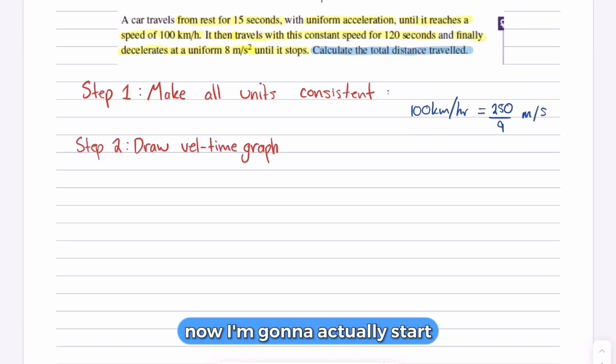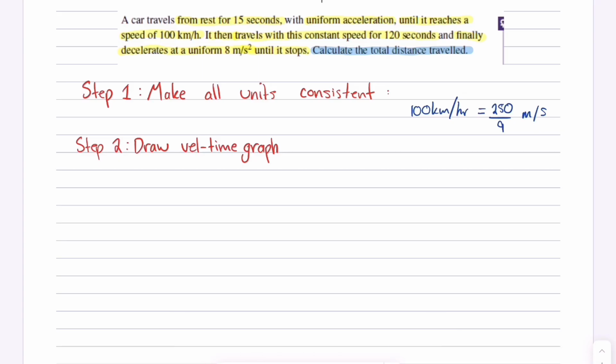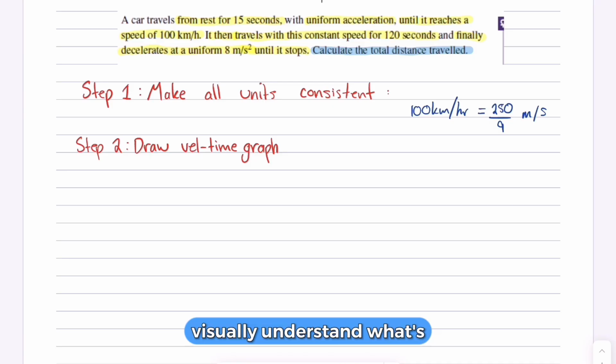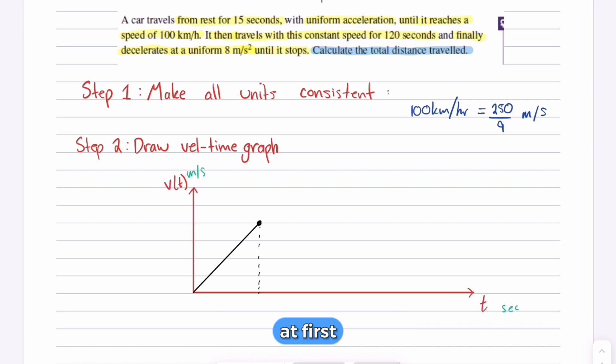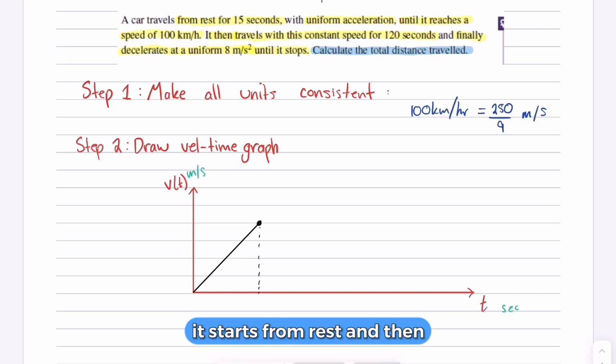Step 2, now I'm going to actually start drawing my velocity time graph, which is just going to help me visually understand what's going on, and then I'll be able to easily find the total distance traveled in this entire situation. So at first, if we read the question again, it starts from rest and then it starts to accelerate with uniform acceleration.